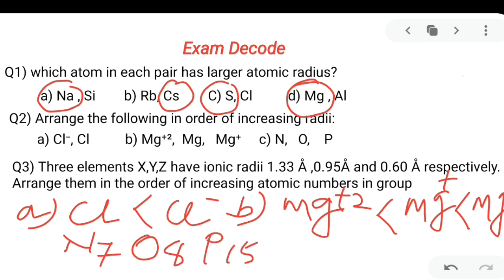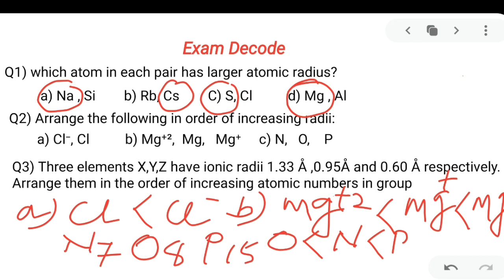So, nitrogen and oxygen are present in the same period but phosphorus is present in a different period. So, oxygen possesses a smaller size than that of nitrogen, and phosphorus possesses a bigger size than that of nitrogen. So, this is the order.